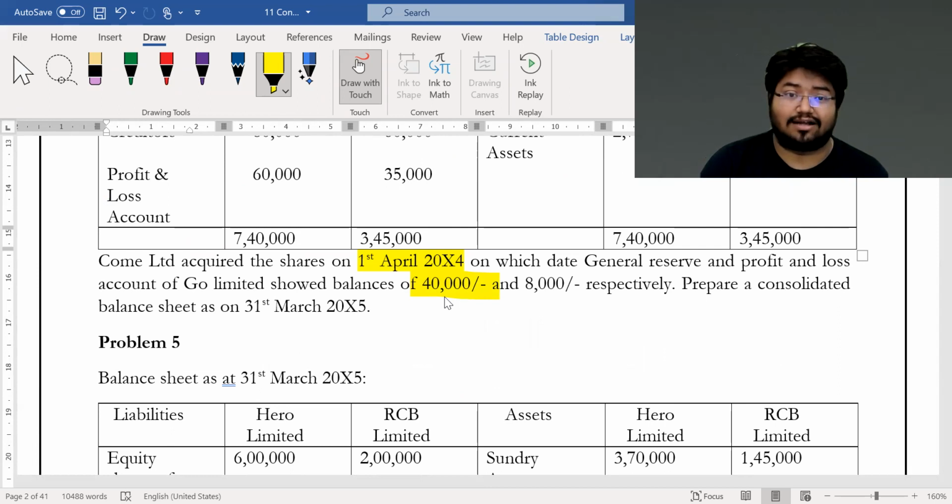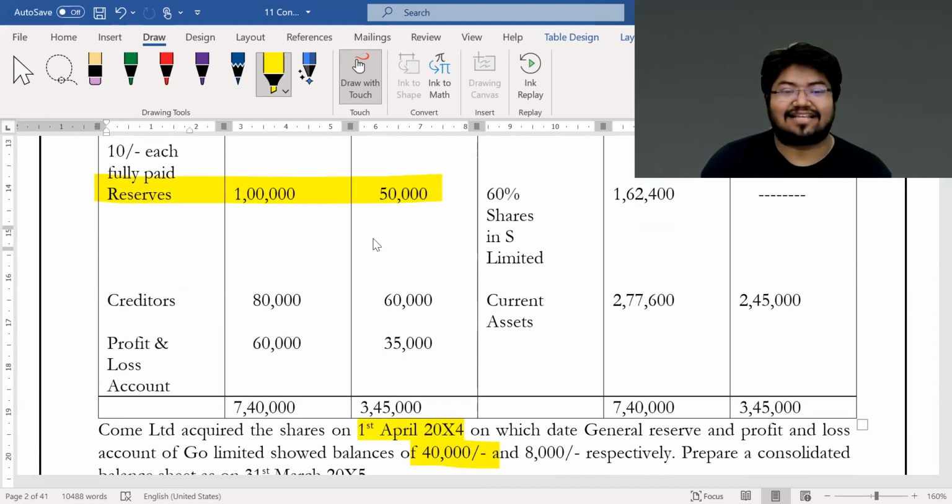Or transferred from P&L? It is actually transferred during the period. Agreed or not? So from 40,000, if it has increased to 50,000 this year, it is basically transferred during the current year. So the transfer is something you need to understand.